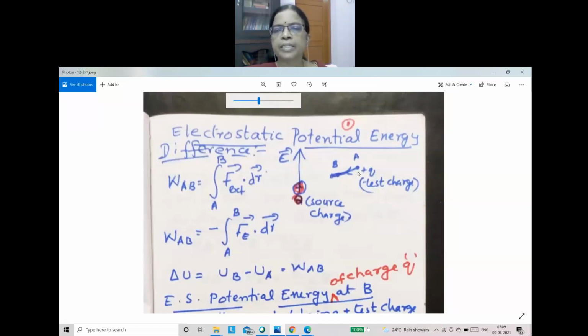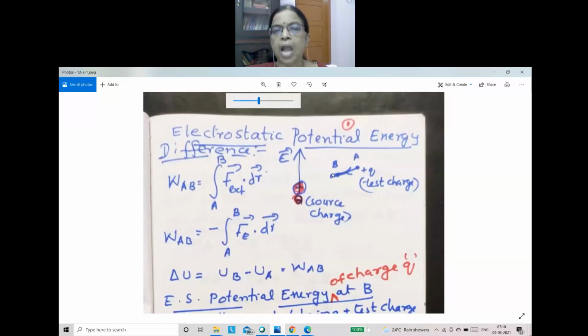So for the small distance AB, because the electric field is considered to be constant at very nearby points, the electric field is almost constant. So consider the small amount of work done to take the charge Q from A to B. How will you find the work done?